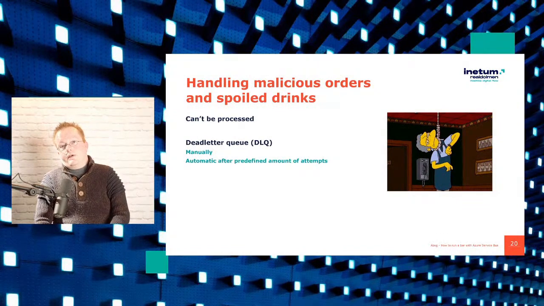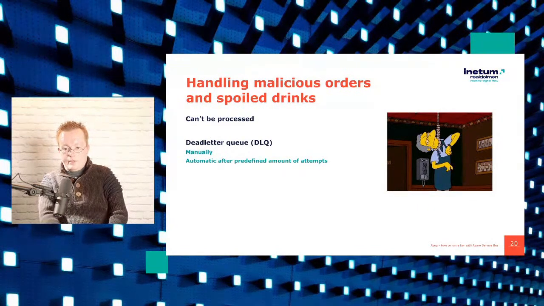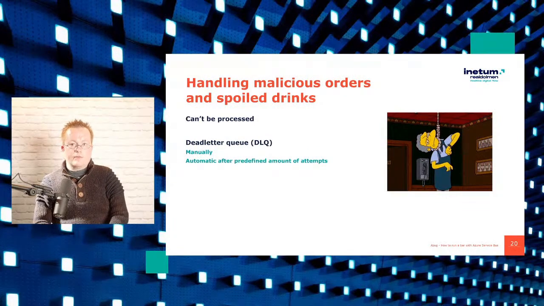But you can also have an automatic amount of attempts. So let's say you retry the message 10 times, and if it still is not able to be processed, then it will automatically be moved to the dead letter queue.